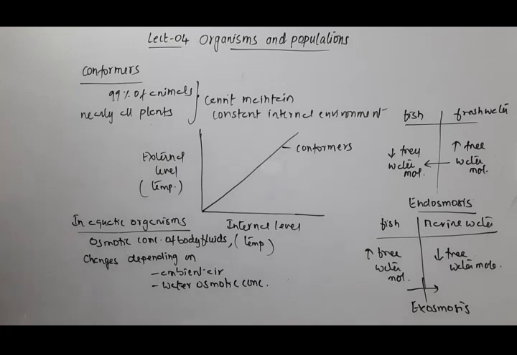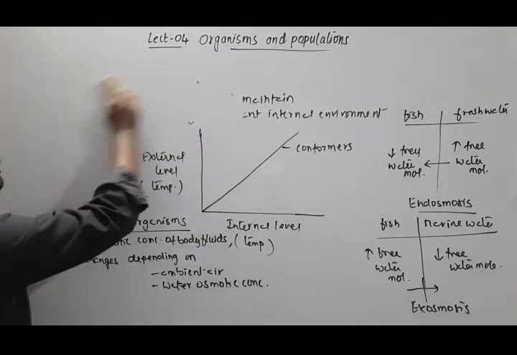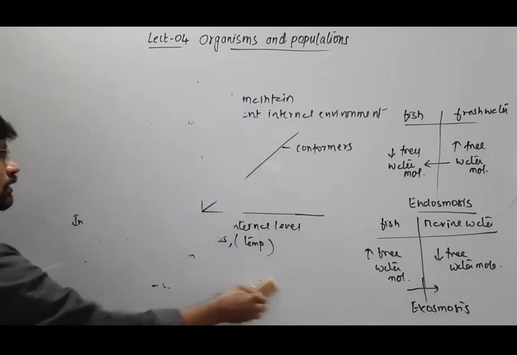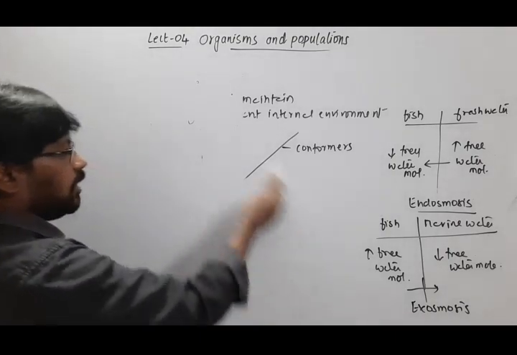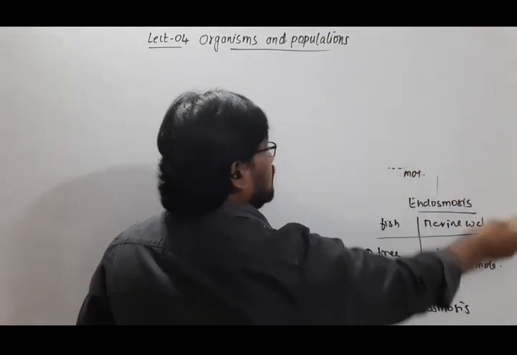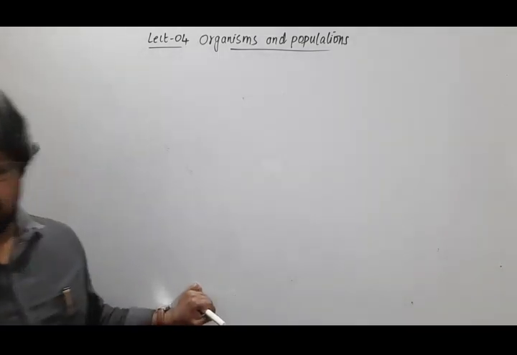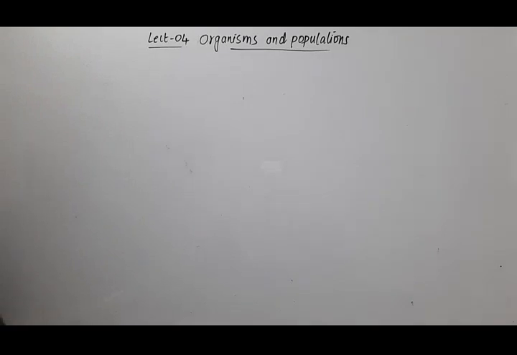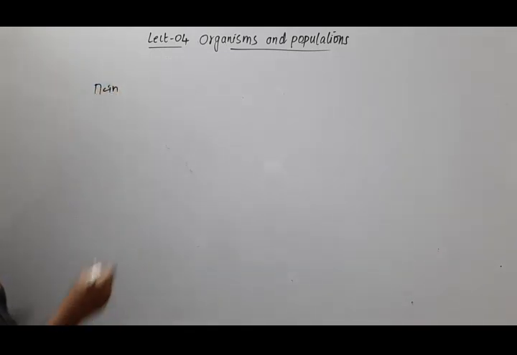Now the question comes: why are most organisms not able to maintain a constant internal environment, which I have already told you in the last session? The reason I gave you in the last session is that maintaining a constant internal environment is energetically expensive.